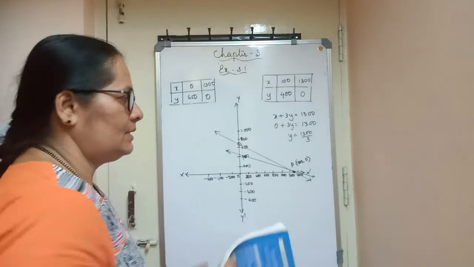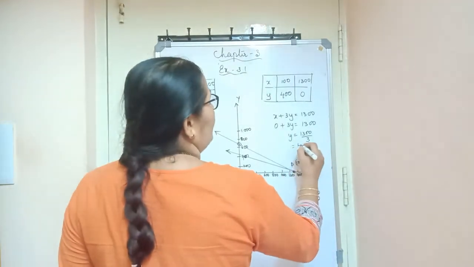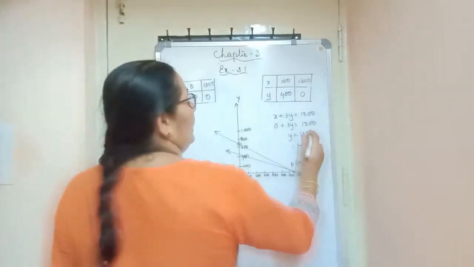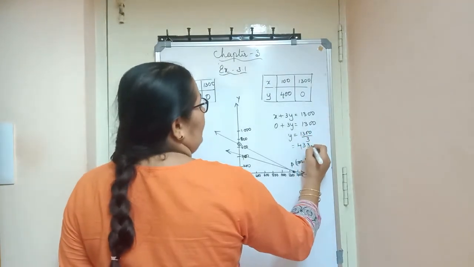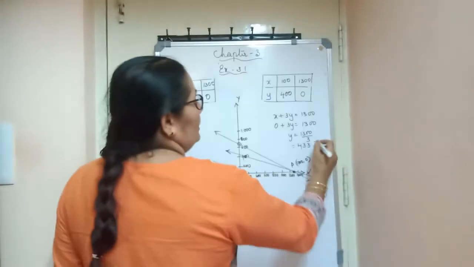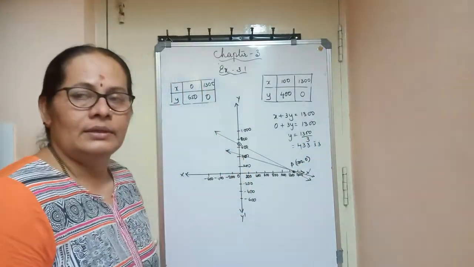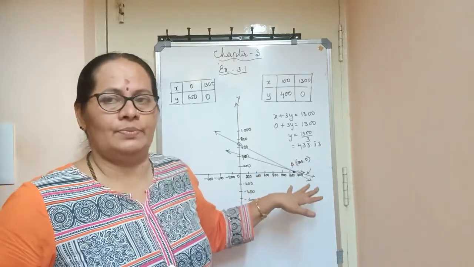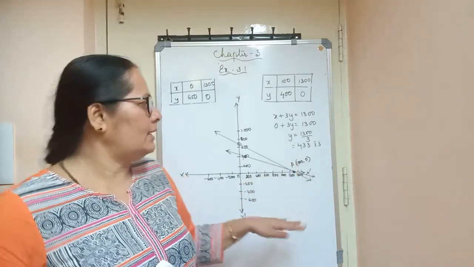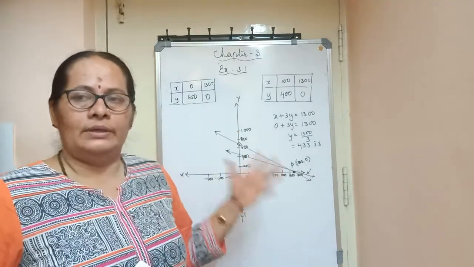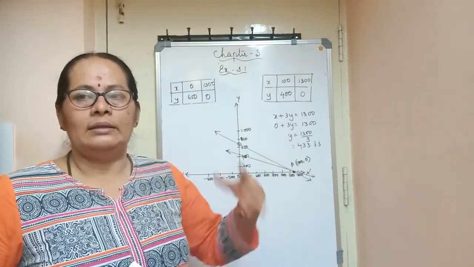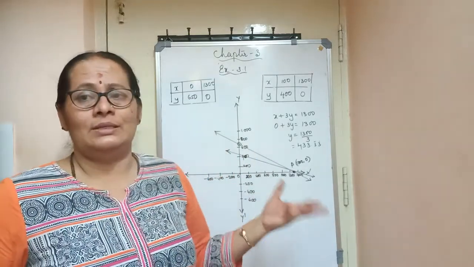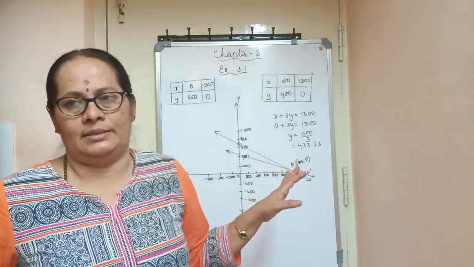Now if you divide this one, what will you get? 3 4s are 12. Then 10. 3 3s are 9. 10. 3 3s are 9. Like this it will continue. Is it possible to locate? You can locate it approximately, but exactly you cannot locate this point on the graph. That is why better in one coordinate take x as 0 and other coordinate y as 0. In some cases it is not possible. You have to take as it is. Okay.